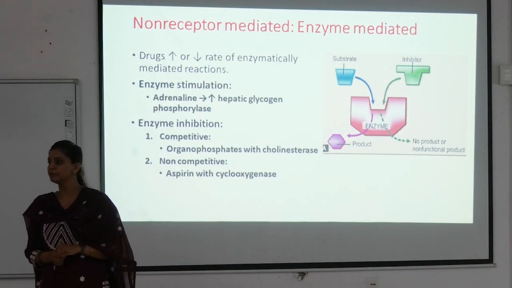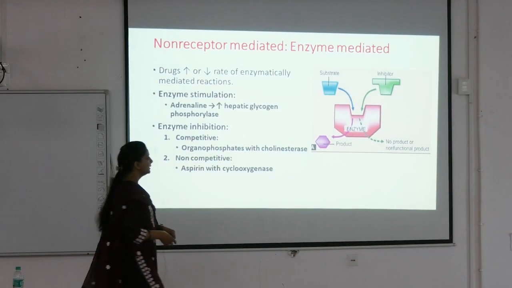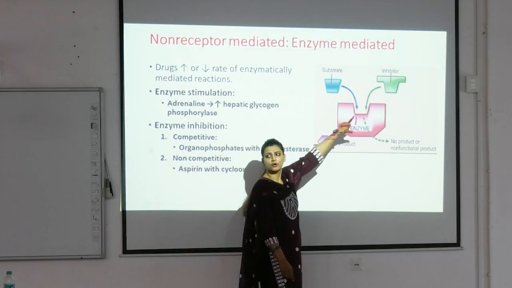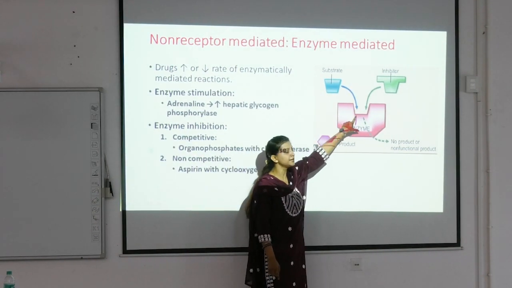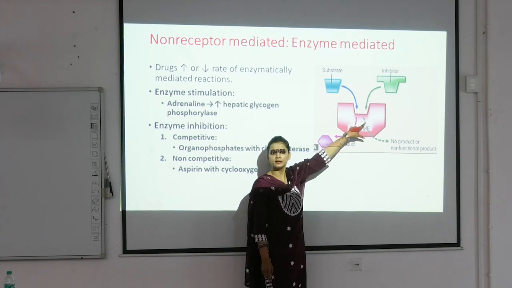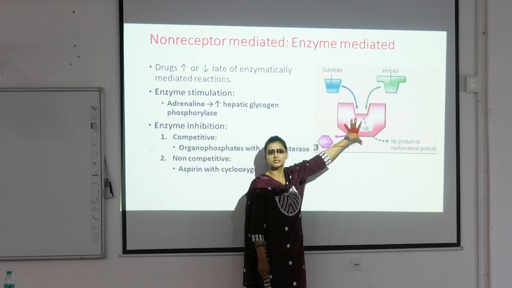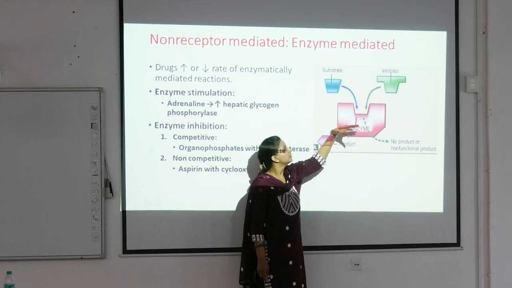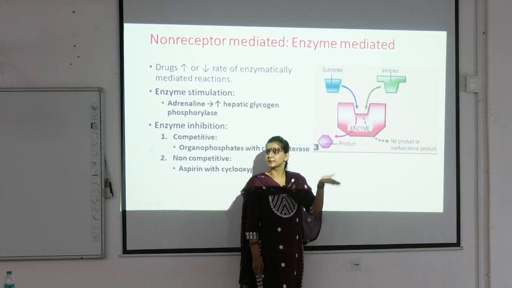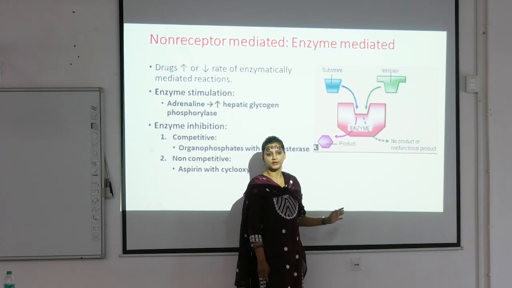What is the non-equilibrium type? If this inhibitor is very strong, it binds to its site and produces permanent damage to this enzyme. You go on increasing the substrate, but there is no effect.